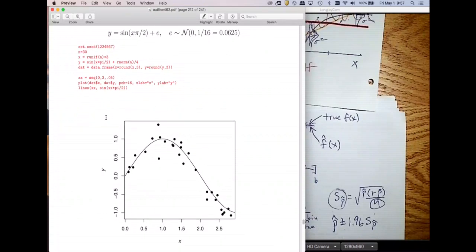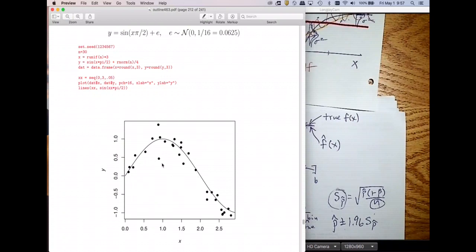And I'm going to make this problem very difficult for myself in that I'm only going to have 30 data points. If I gave myself 1,000,000 data points, this problem would be dead easy because I could just give myself 1,000 bins and my approximation of the sine wave would be perfect.